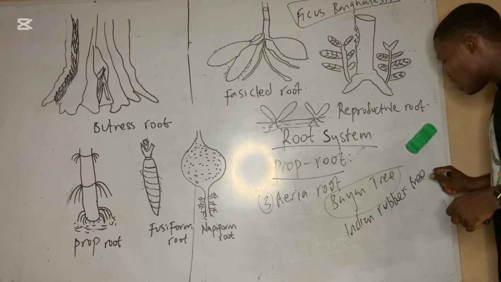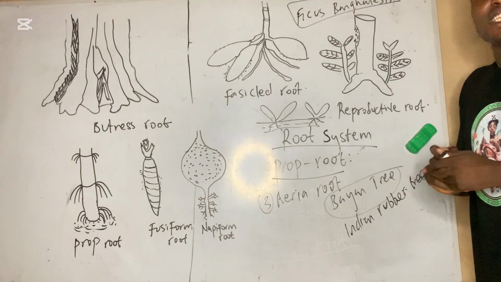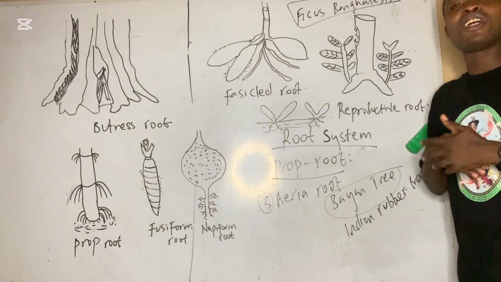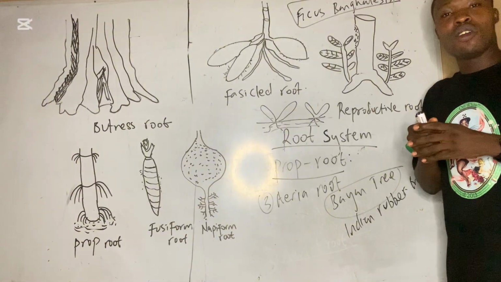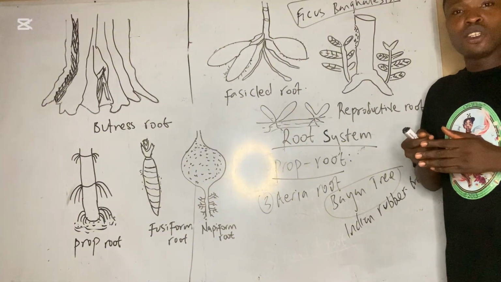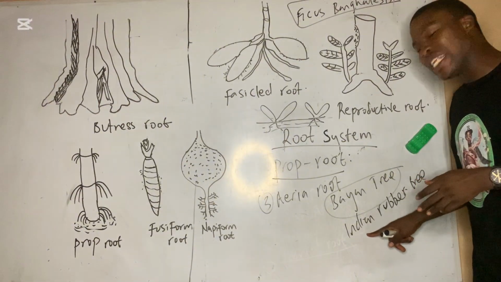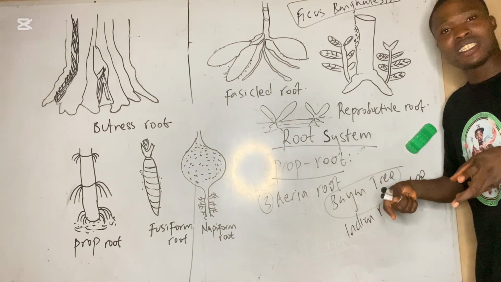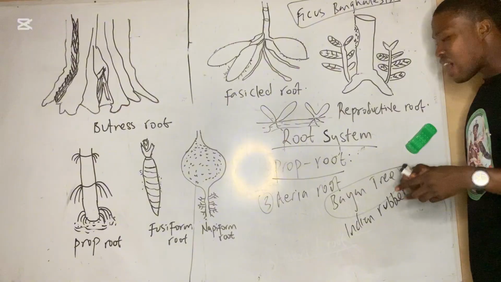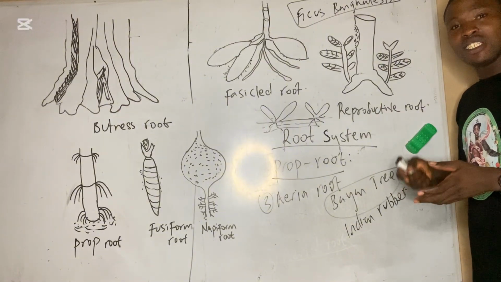In the Indian rubber tree, there's a myth that says this prop root usually arises from the droppings of seeds by birds. So these birds pick the seeds and drop them on the plant. When they drop it on the plant, the roots tend to arise from the seed when the seed falls on the plant.